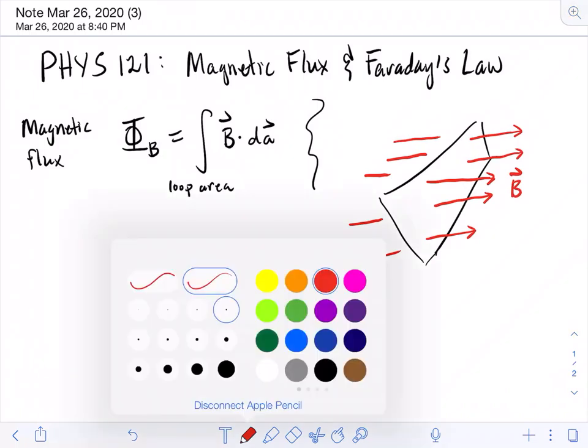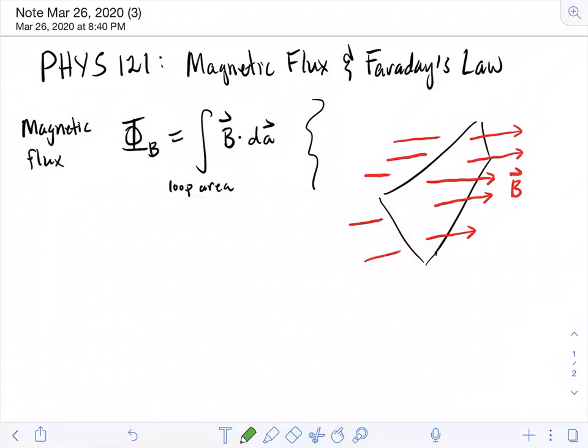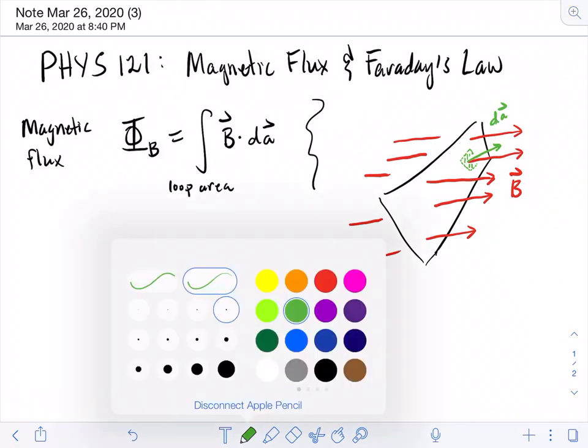And what we're going to do is calculate the integral of B dot dA, where remember the dA vector was an area vector that points perpendicular to the loop, and the magnitude of that dA vector is that little patch of area, an infinitesimal patch of area.